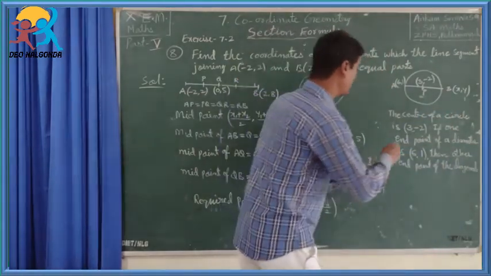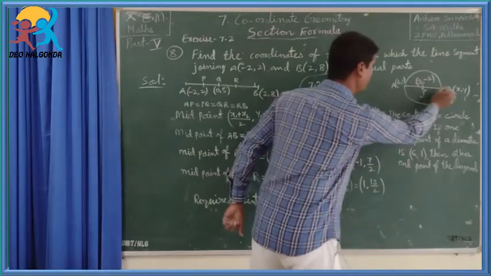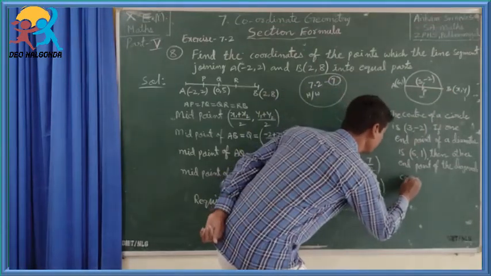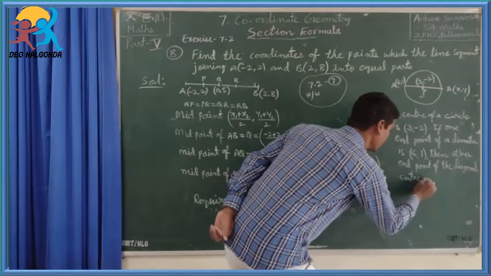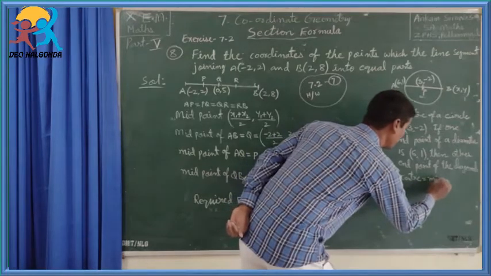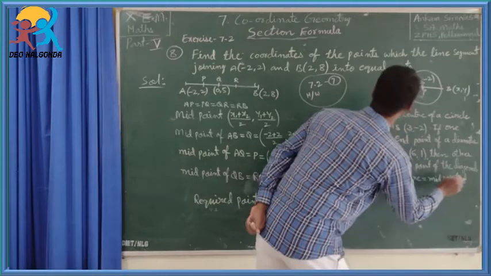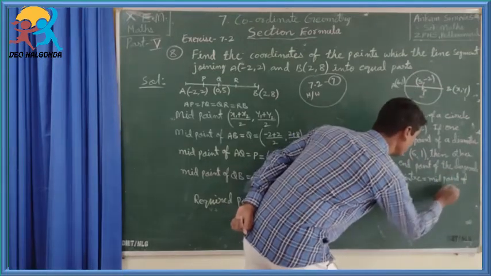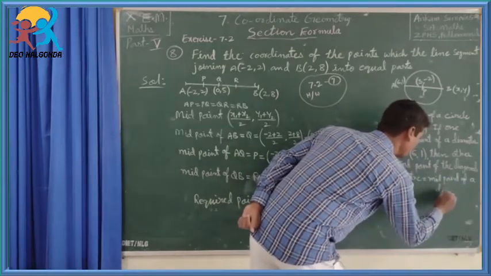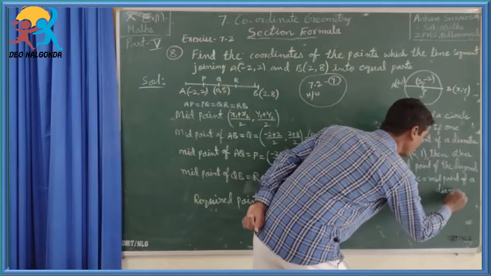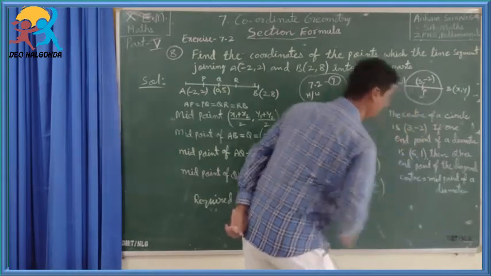So, the center of the circle becomes the midpoint of AB. Center equals the midpoint of the diameter.